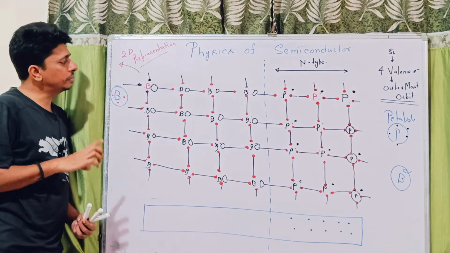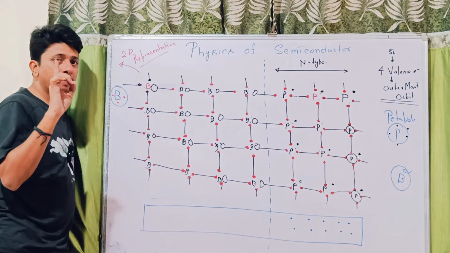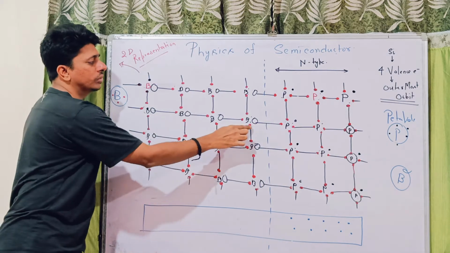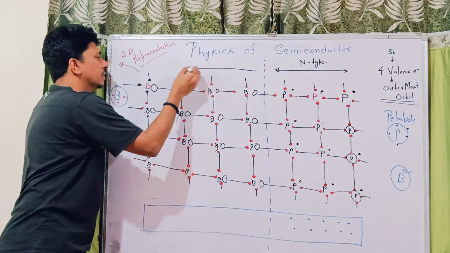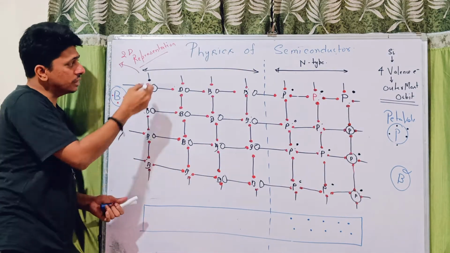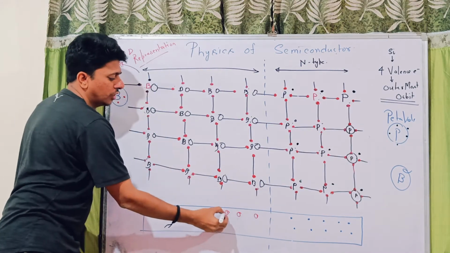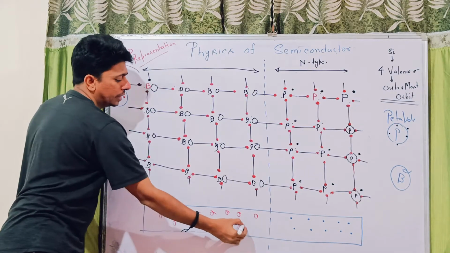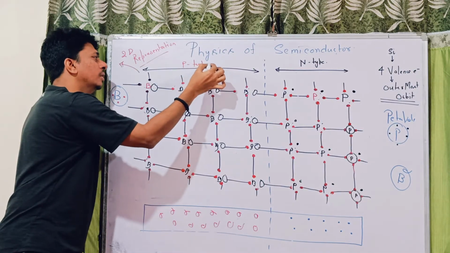If you look at this picture clearly, there are so many covalent bonds still present, but extra are holes. So if you look at this whole region, this region will be drawn like this, a region with extra holes, and this region is called p type.